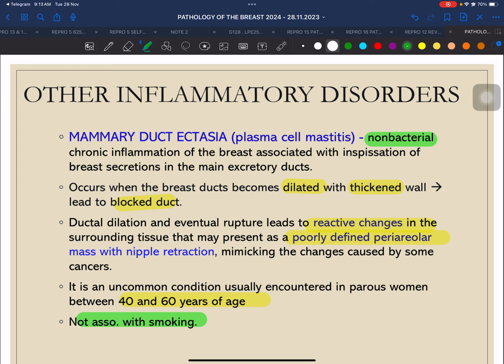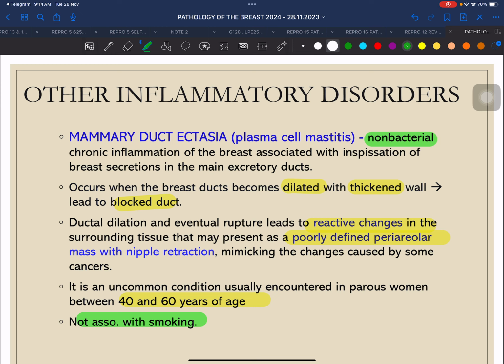Okay? And then we have granulomatous mastitis. This can be a manifestation of a systemic disease, meaning it's tuberculosis elsewhere in another system due to the tuberculous organism, or it can be due to a localized lesion, which is granulomatous lobular mastitis.